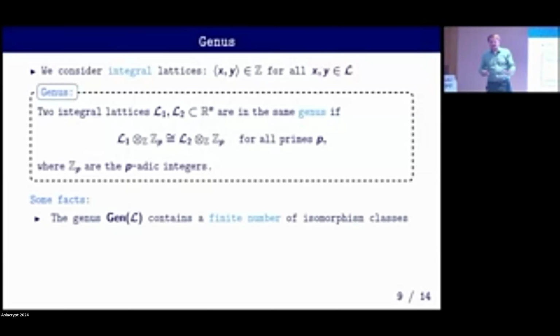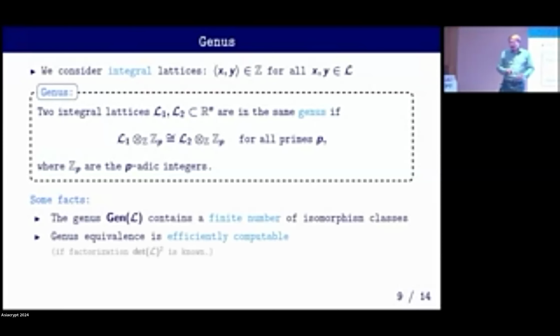But some facts about this invariant are that any genus contains only a finite number of isomorphism classes. And secondly, this genus equivalence is efficiently computable. It might look a bit weird because you have an infinite number of primes to check in some sense, but it turns out you only need to check a finite amount, and that's efficient to do if you know the factorization of the square of the determinant.